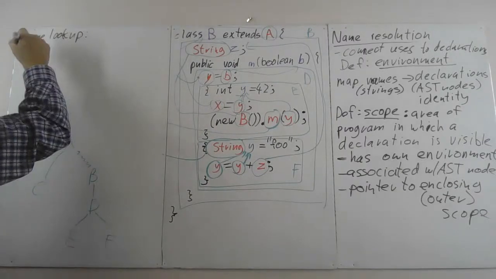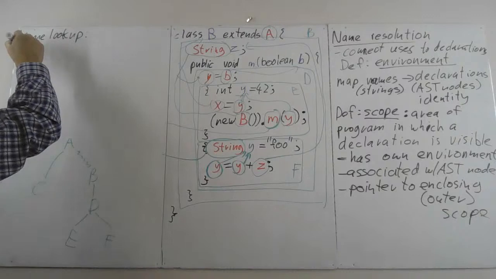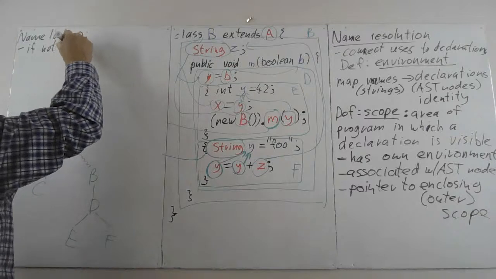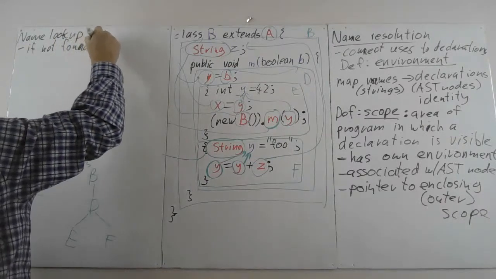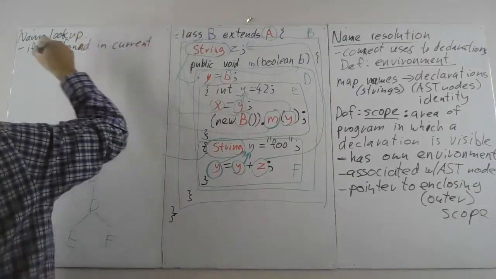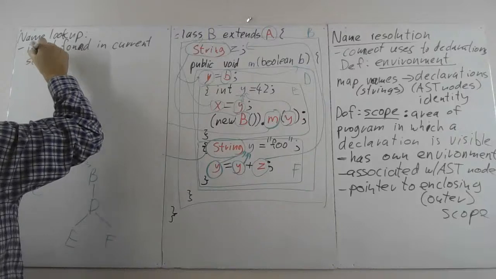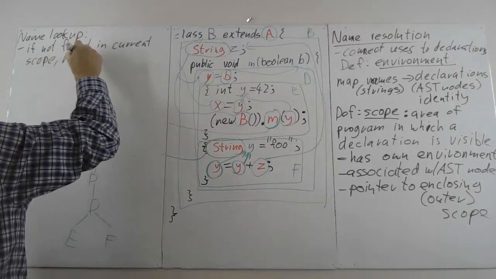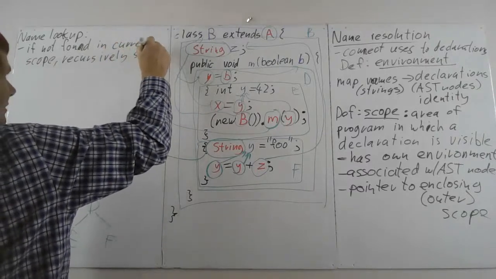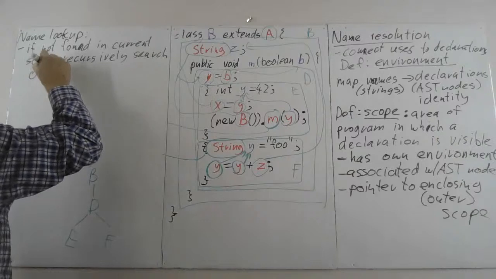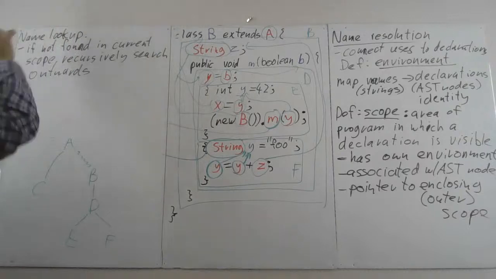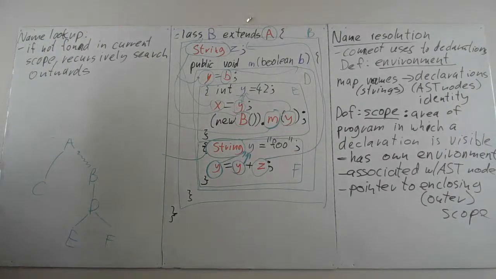The key to name lookup is you look in the most nested scope, and if not found in the current scope, recursively search outwards. Maybe this is obvious, but why did I write it down?